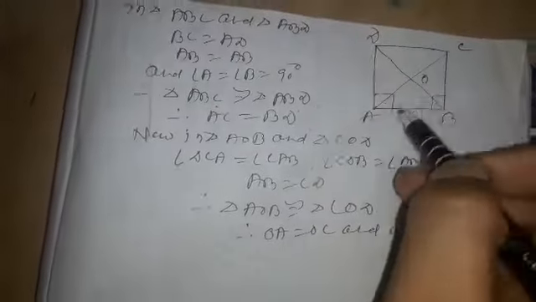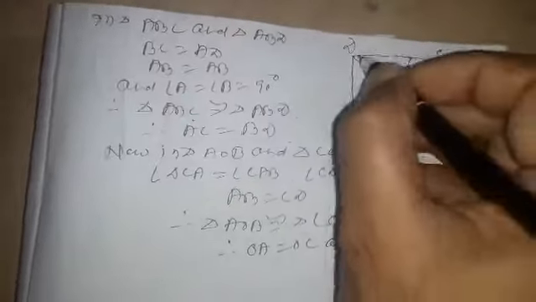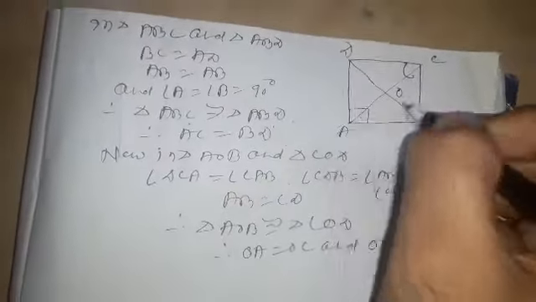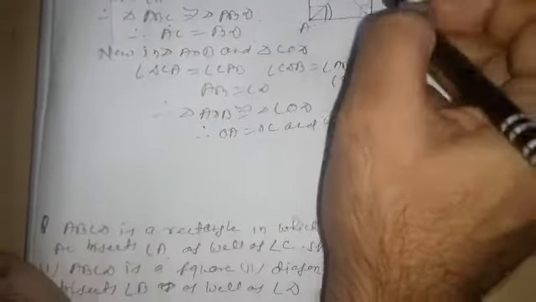Now in triangles AOB and COD, angle DCA is equal to angle CAB, alternate interior angles. Similarly, angle CDB is equal to angle ABD.